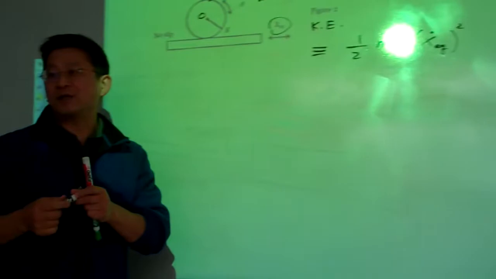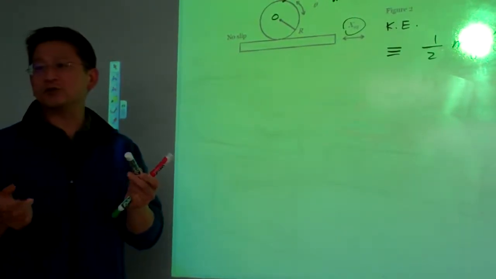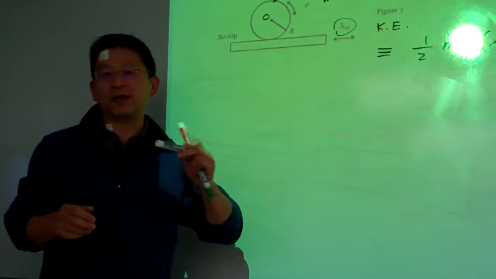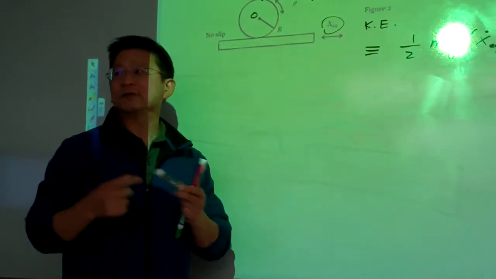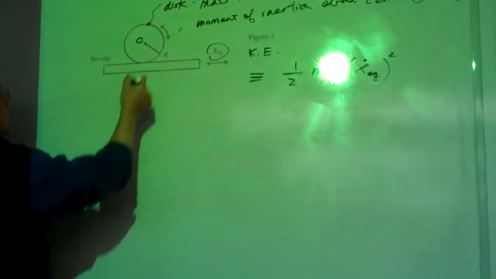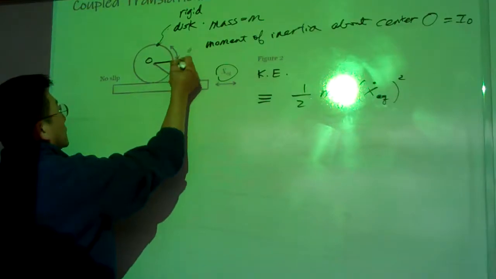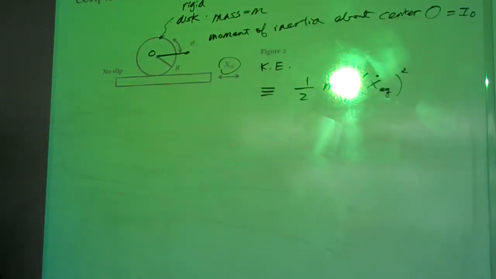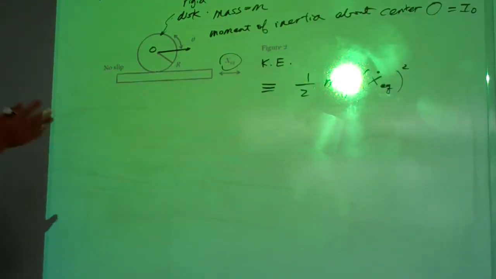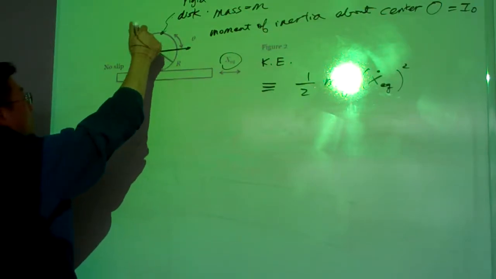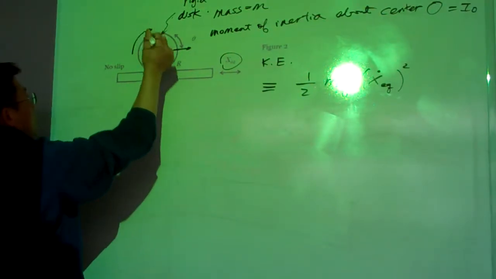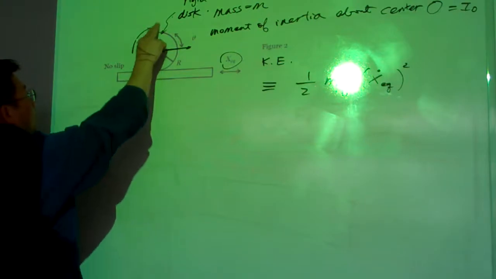So from dynamics, the kinetic energy should come from two portions: translational energy and rotational energy. Translational energy is the movement of the center.